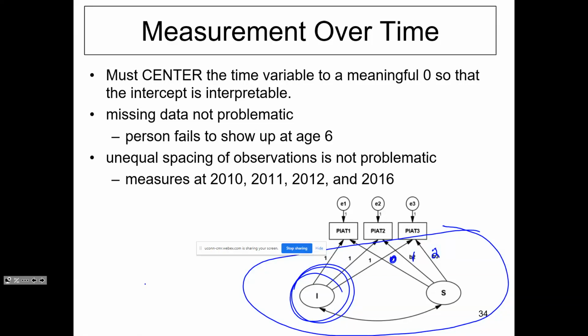So for example, if you have ages, let's say we've got P out here, and we've got ages 6, 8, and 10. If I put in 6, 8, and 10, they're all fixed, but then what's my intercept? My intercept would be the predicted PIAT score at age 0, right?